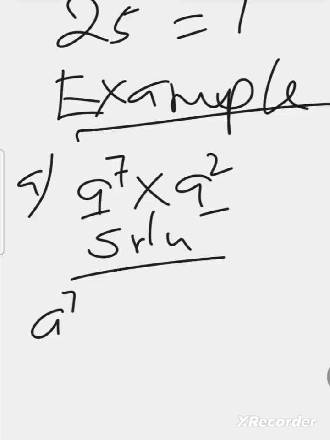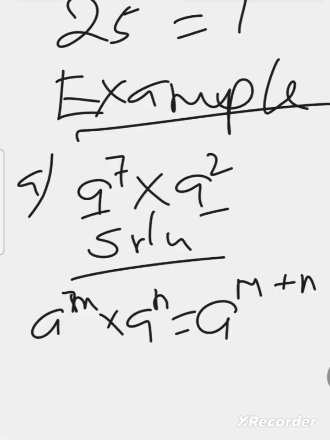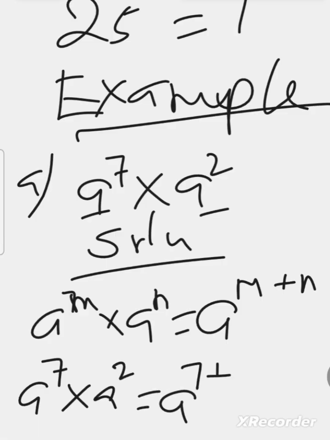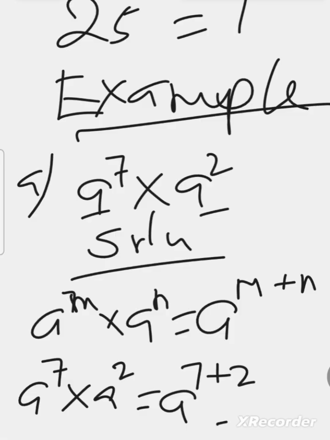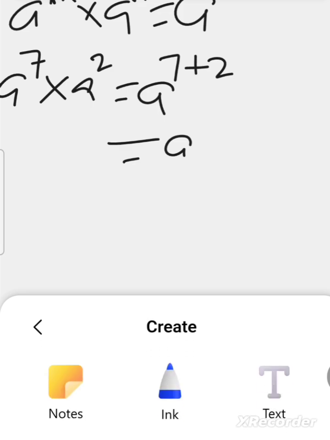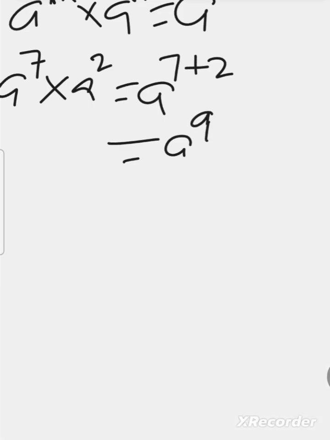The first law of indices states that A power m multiplied by A power n is the same as A power m plus n. So A power 7 times A power 2 will be the same as A power 7 plus 2. Our answer will be A power 9. That is your answer in this case.